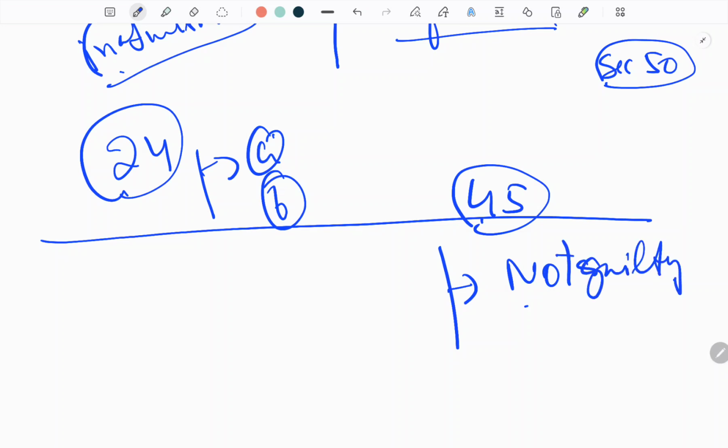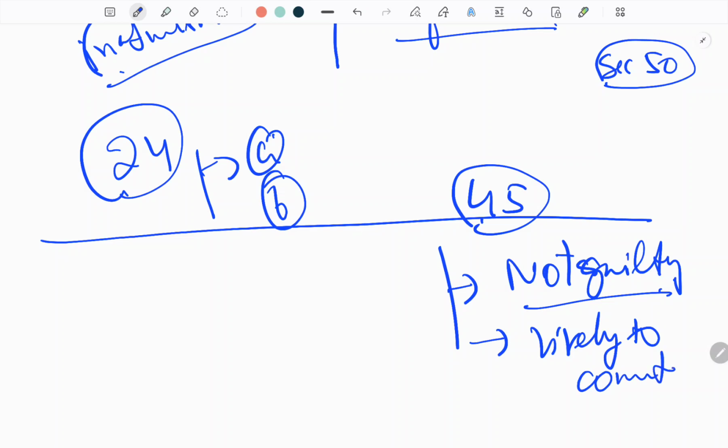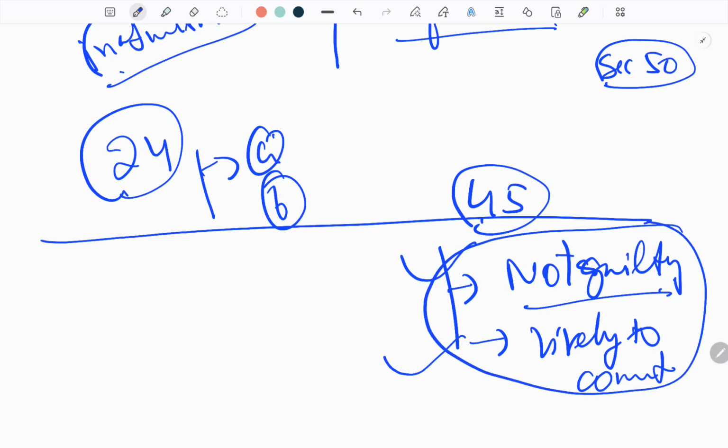So you have to prove that you are not guilty at the stage of bail, or that you are not likely to commit any offense while on bail. So if you want to take bail, you have to prove that I am not guilty, I am not likely to commit any offense while on bail. If that condition is not met by the accused, no bail.